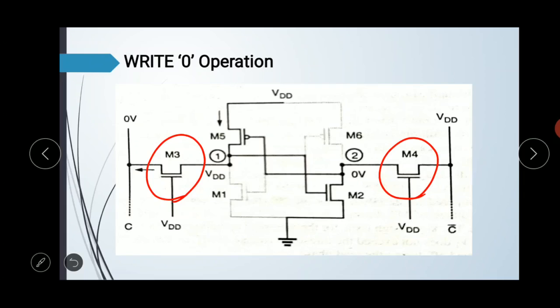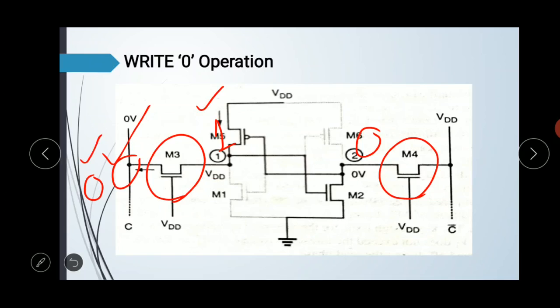So this point is at 1 and this point is at 0, and we have to ground this column voltage, that is the bit column voltage. So we make the voltage of this bit line 0 volt. Because of that, this node voltage is at 0, and here it is 1 and here it is 0, so there is a voltage difference present.